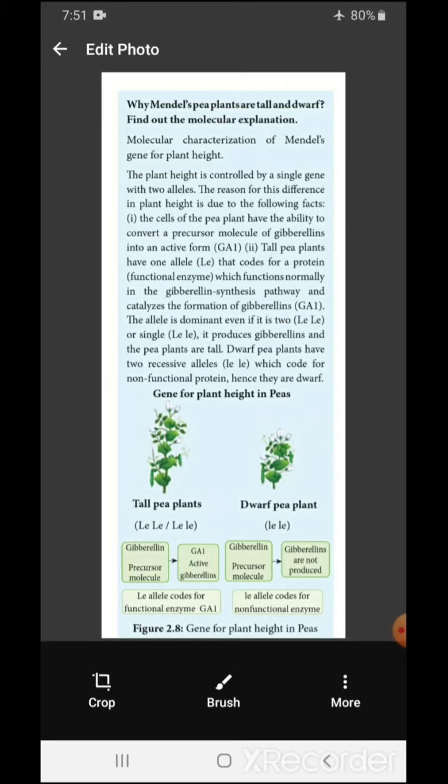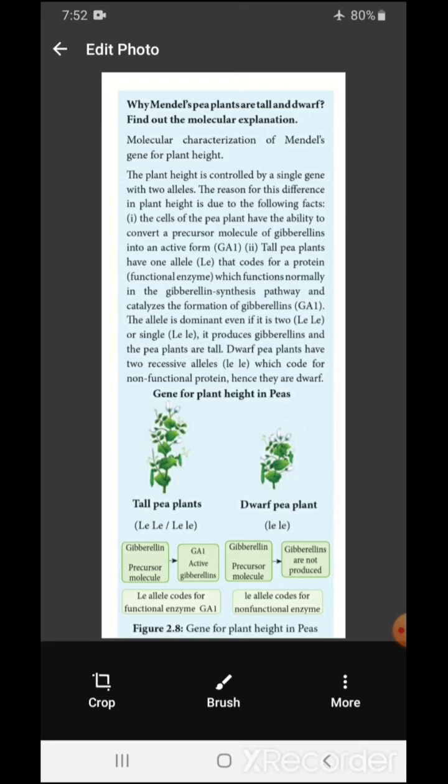The molecular characterization of Mendel's gene for plant height. What is the plant height? Here we give the gene for plant height. For tall plant, capital L, small e, whereas dwarf plant, small l, small e. The plant height is controlled by a single gene with 2 alleles. The reason for the difference in plant height is due to the following facts.